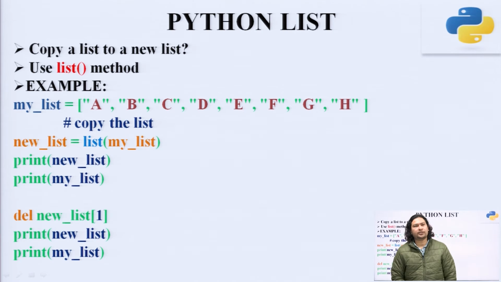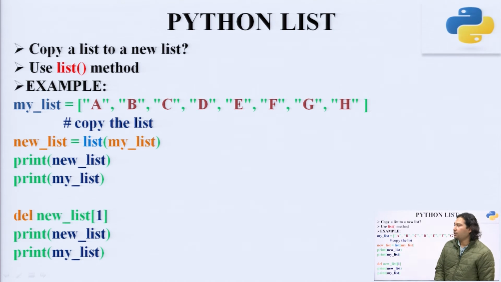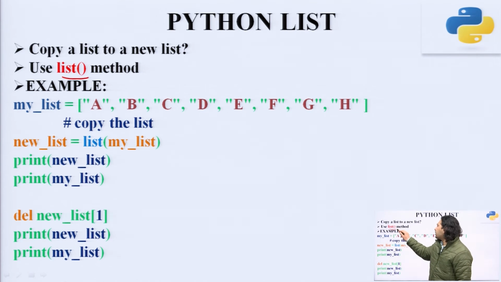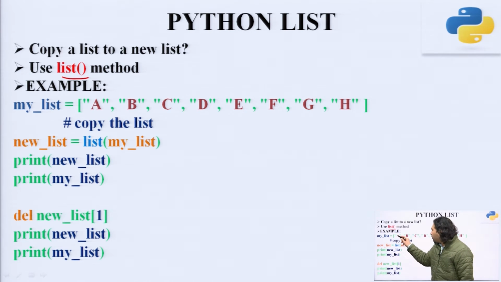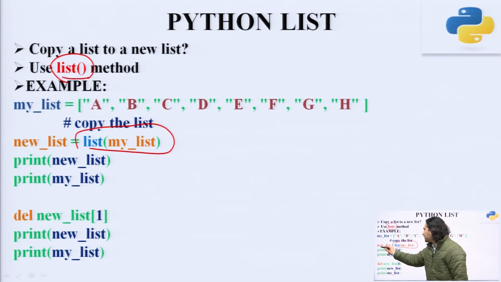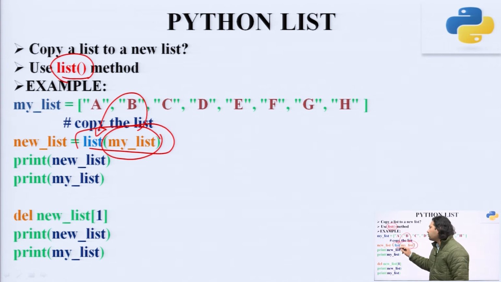Similarly, the next step is that you can use the list constructor or list method. Now, in this, we are using the list constructor to construct a new list. We are giving the construction of this new list under the heading of new list, but we are disintegrating my list into a new list.